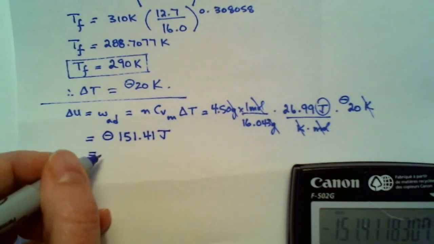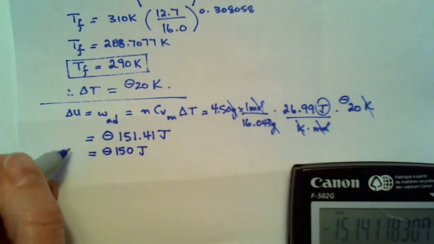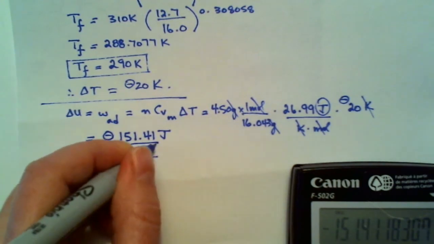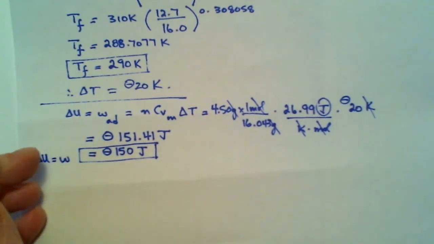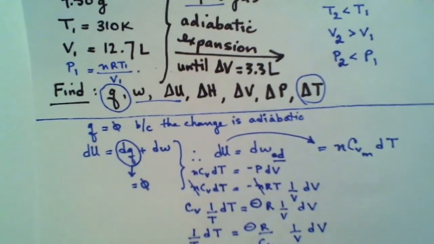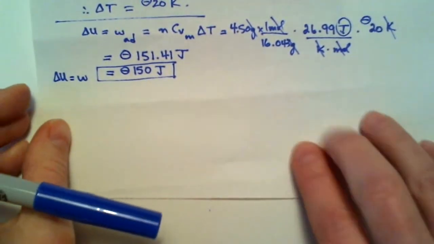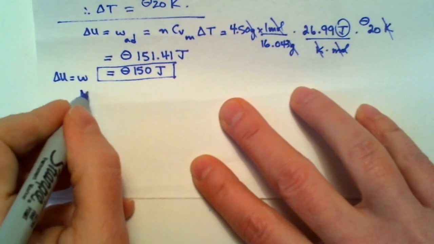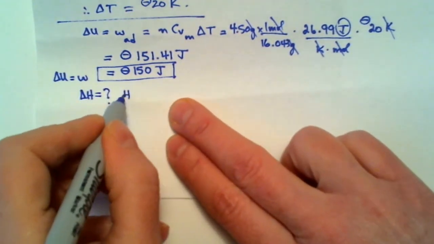And we'll write this as 150 joules. And that is for both delta U and work. Now delta H. Delta H is what? Now we start.